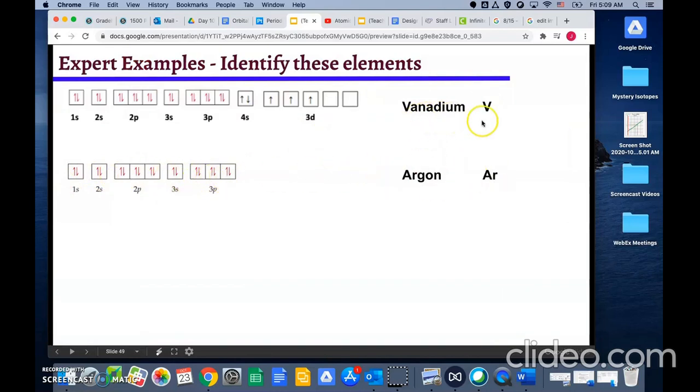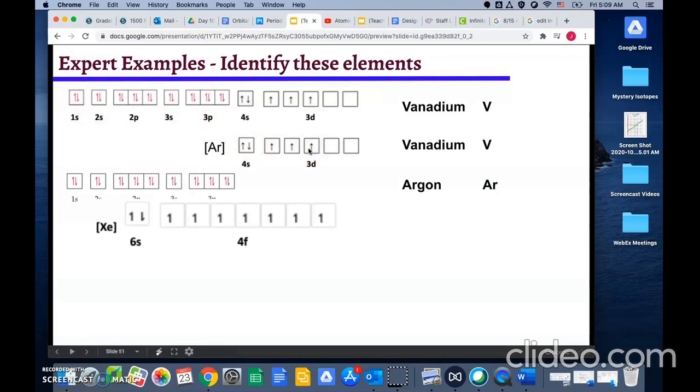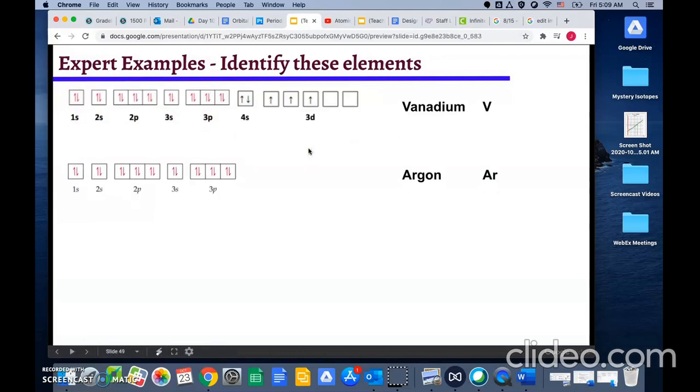So here's the orbital diagram for argon. A shortened way to write the orbital diagram for vanadium is just to take this front part that I've written in red, give the noble gas for that, and then we just give the orbital diagram for the valence. So what do I mean by the valence?